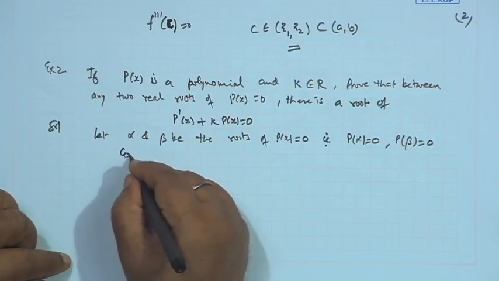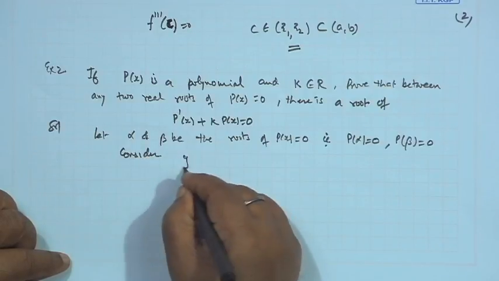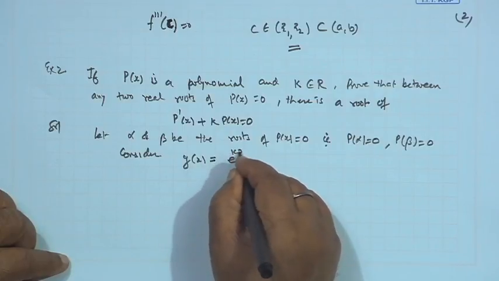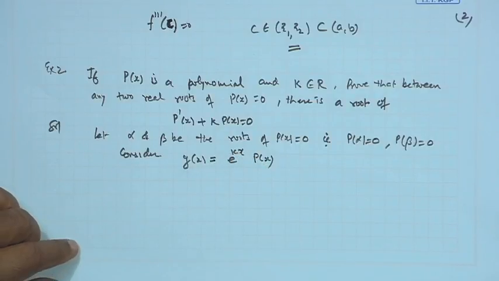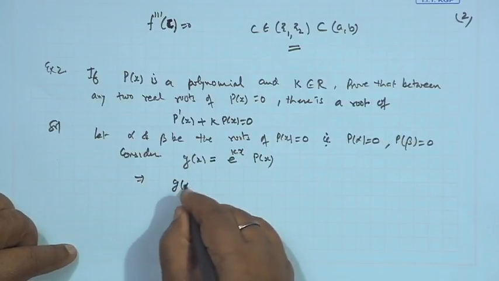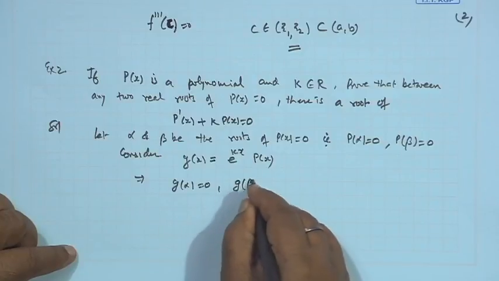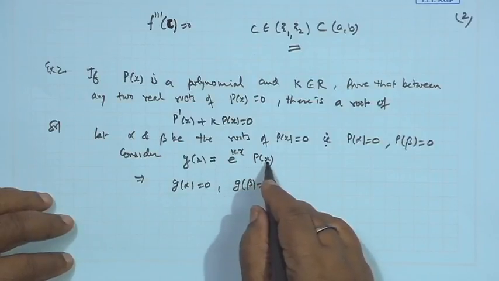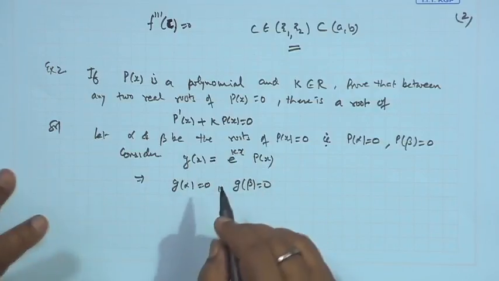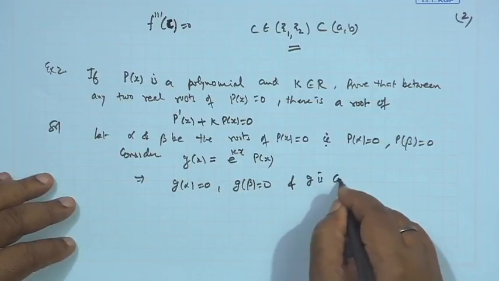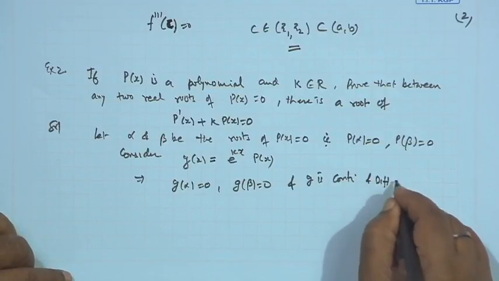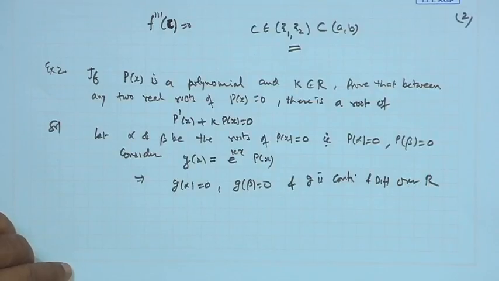Now, consider a function g(x) as e to the power kx into p(x). Since alpha and beta are roots, this implies that g(alpha) is 0, g(beta) is 0, because at the point alpha p(alpha) is 0, and at the point beta p(beta) is also 0.